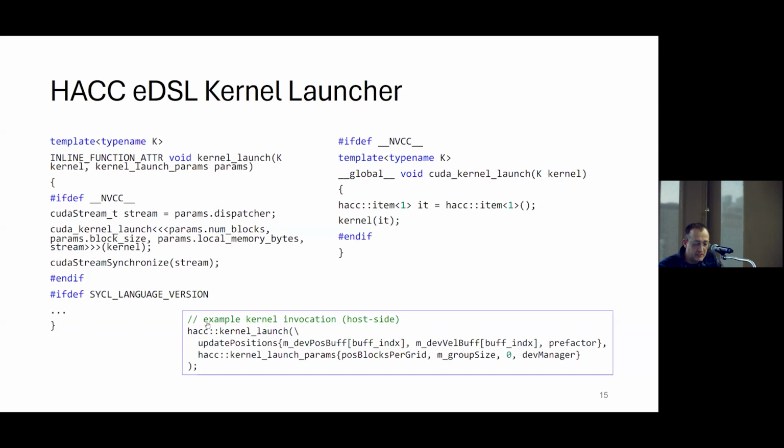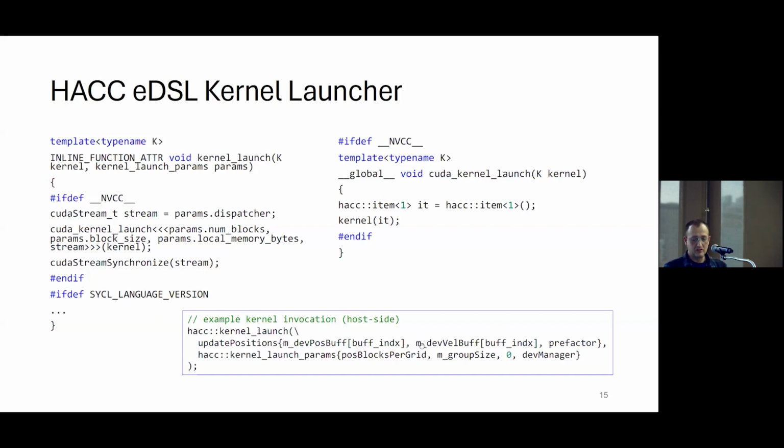We embed this kernel launch in our namespace HACC. We instantiate the kernel that we want with the parameters that we want. Some of the arguments for these kernels are pointers to device functions that have already been set up, again using the wrappers for the appropriate API, and then the kernel launch parameters.